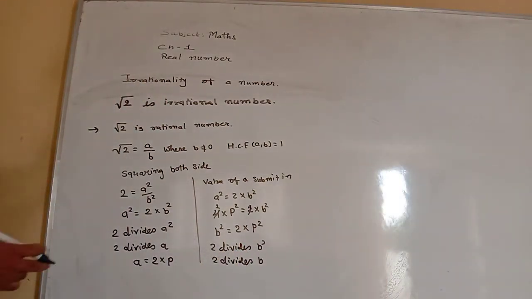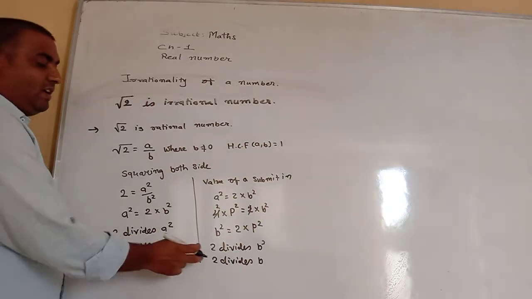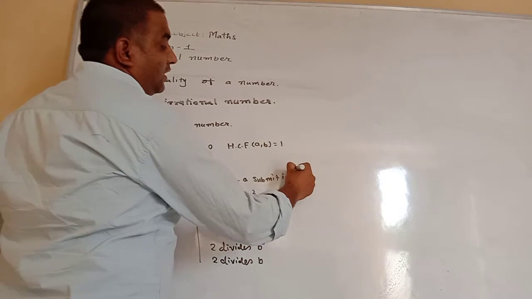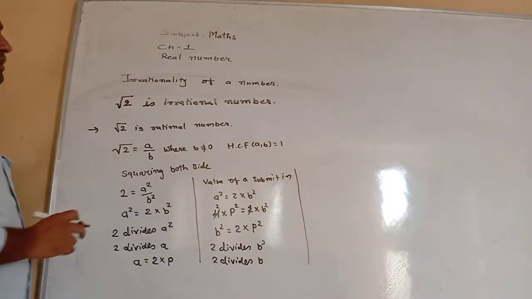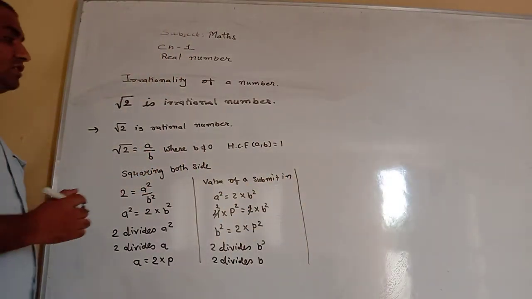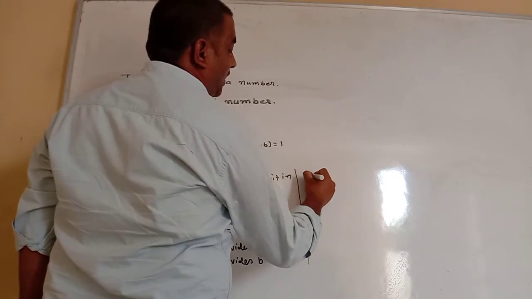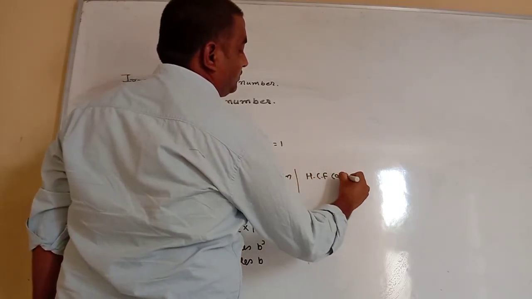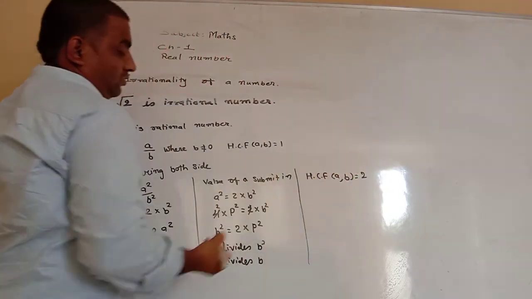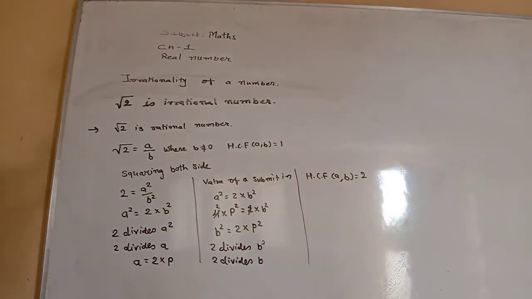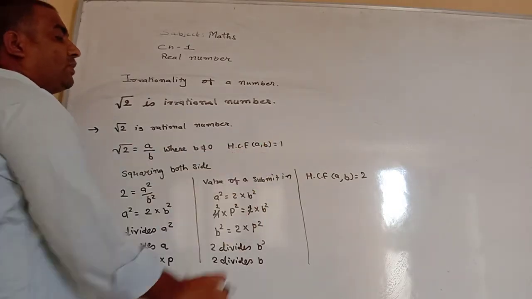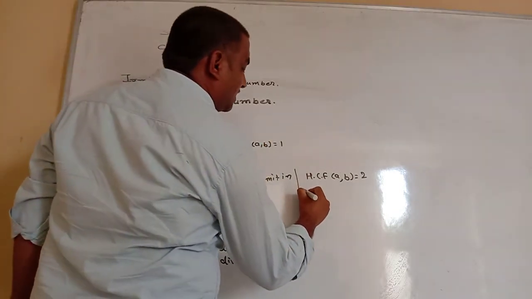So 2 divides a and 2 divides b, so HCF of a and b equals 2. But here we have said that a and b are co-prime, so their HCF is 1, which is a contradiction.